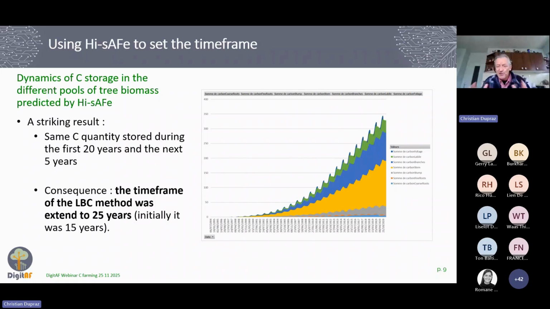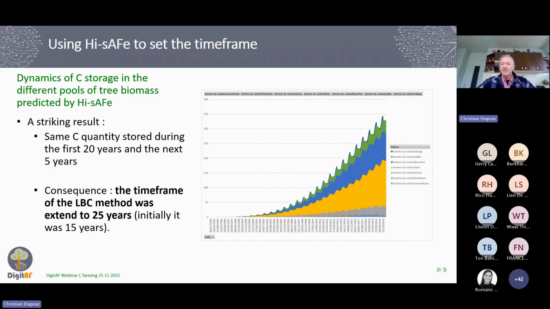The very important aspect is that our simulations show that the carbon quantity stored is increasing very slowly during the first years and then very quickly during the last years of the tree growth. For example, you have the same carbon quantity stored during the first 20 years and the next 5 years. So it's very important when you do carbon sequestration estimates for regulations.